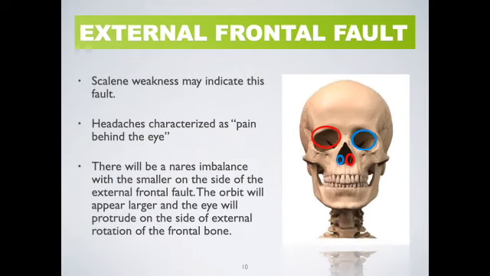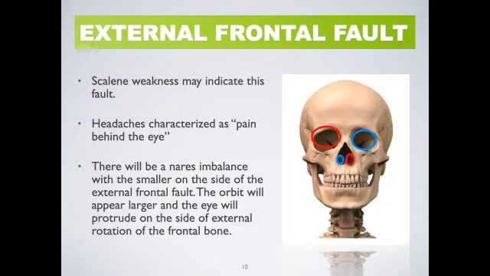Now, next, we are going to talk about the external frontal, which you'd think would just be the opposite, but it's still its own cranial fault. Just the opposite, you may or may not have scalene weakness. There's going to be nares imbalance.